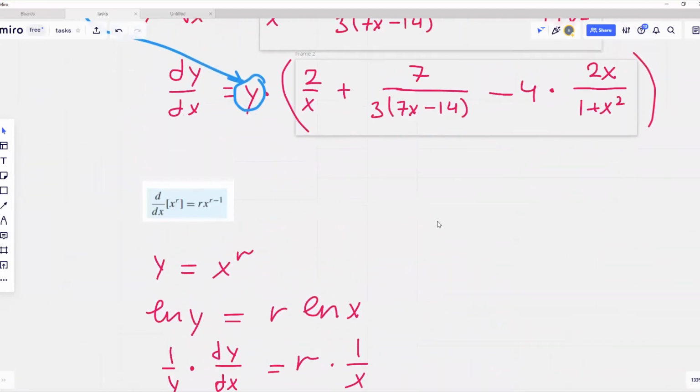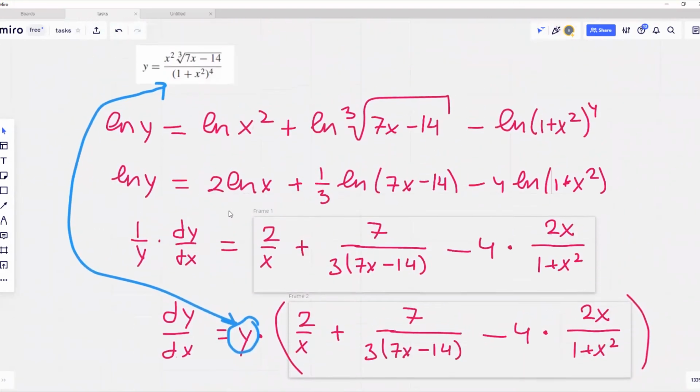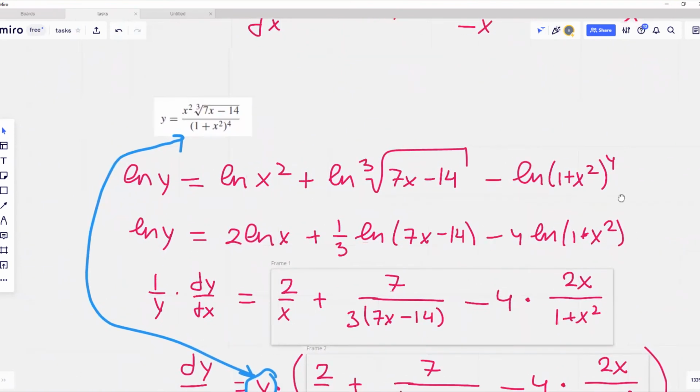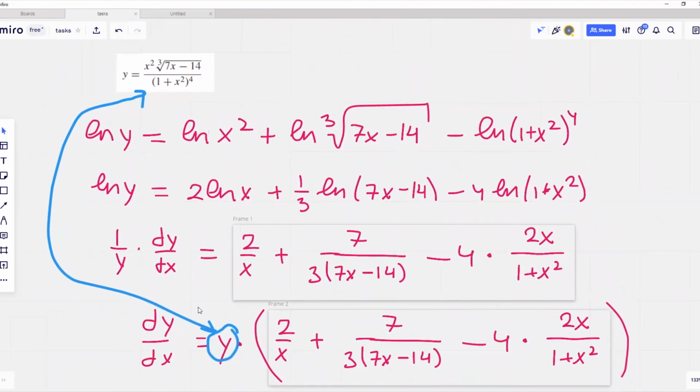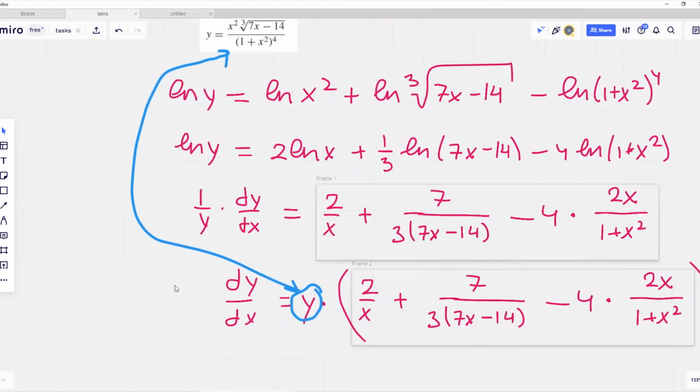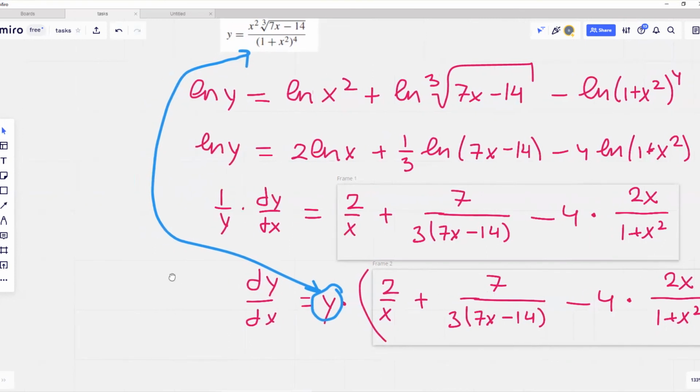By the way, guys, the trick that we have applied here is a very powerful tool. It's extremely useful, especially when we are working with products, since ln can turn products and fractions into sums and differences.